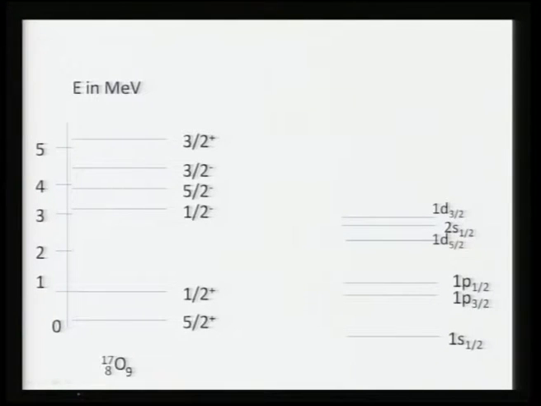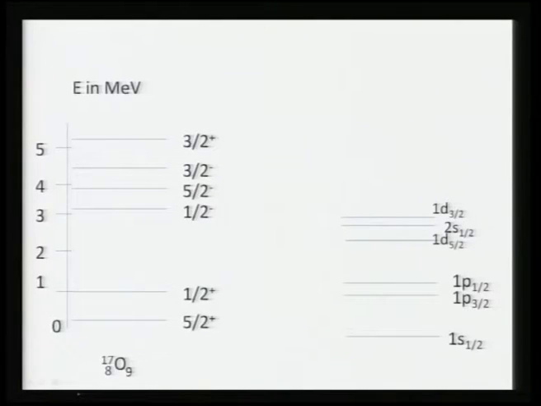You have 1s1/2, 1p3/2, then 1p1/2, then the third shell starts: d5/2, s1/2 and d3/2, then you will have 1f7/2, and so on. You have 8 protons.